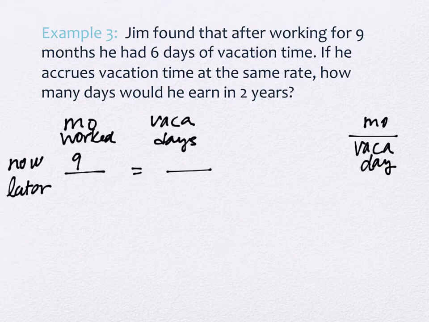Because I've sort of labeled my columns and my sides, I'm going to leave the units off as I work. But if you want to put in 9 months, you can actually write out the word months or an abbreviation. What will be his number of months worked later? Yeah, that's the 2 years, so it'll be 24 months.